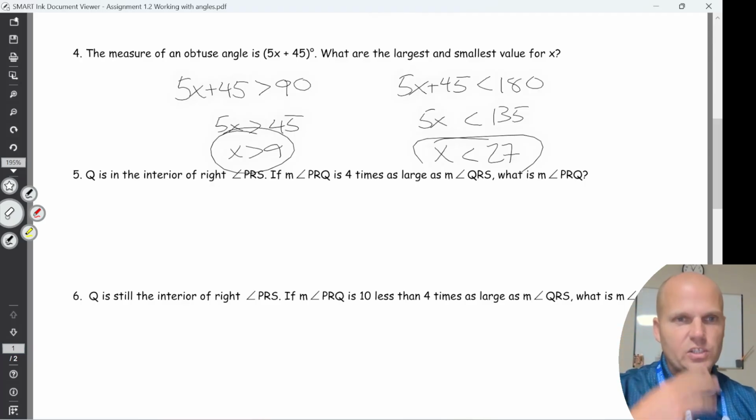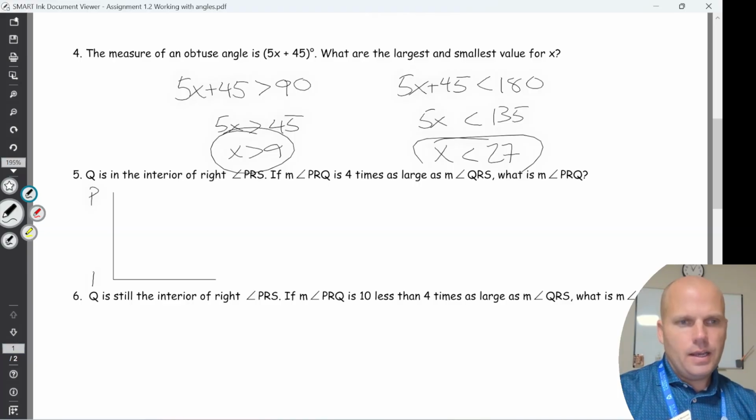Okay, number 5, Q is in the interior of right angle PRS. So PRS is a right angle, so that's 90 degrees. Q is in the interior. PRQ is 4 times as large as QRS. What is PRQ? How can we set up an equation to help us?